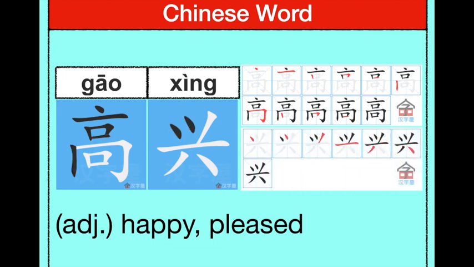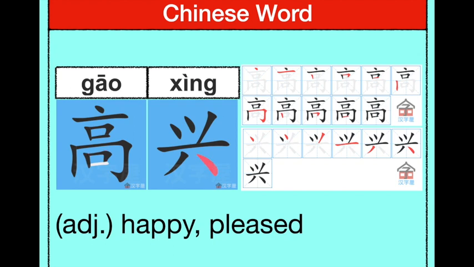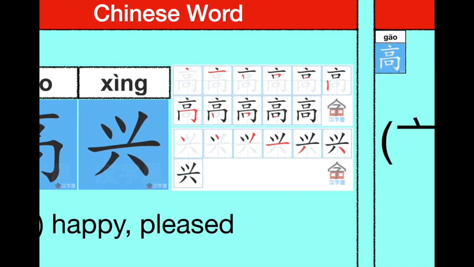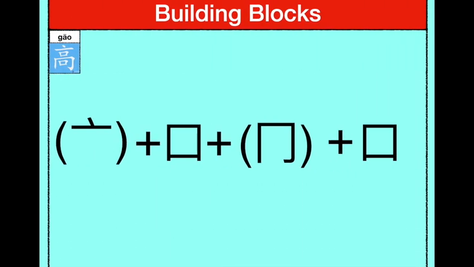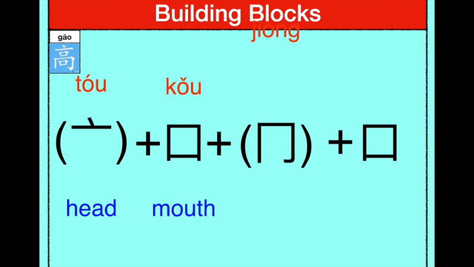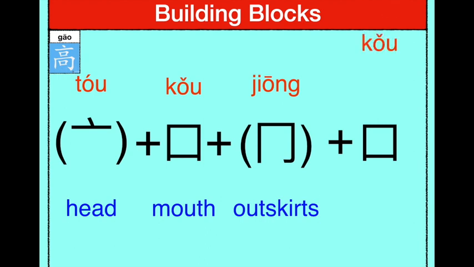点点撇横撇点。There are 4 parts of 高。亠 means head, 口 mouth, 冂 outskirts, 口 mouth. Pay attention.